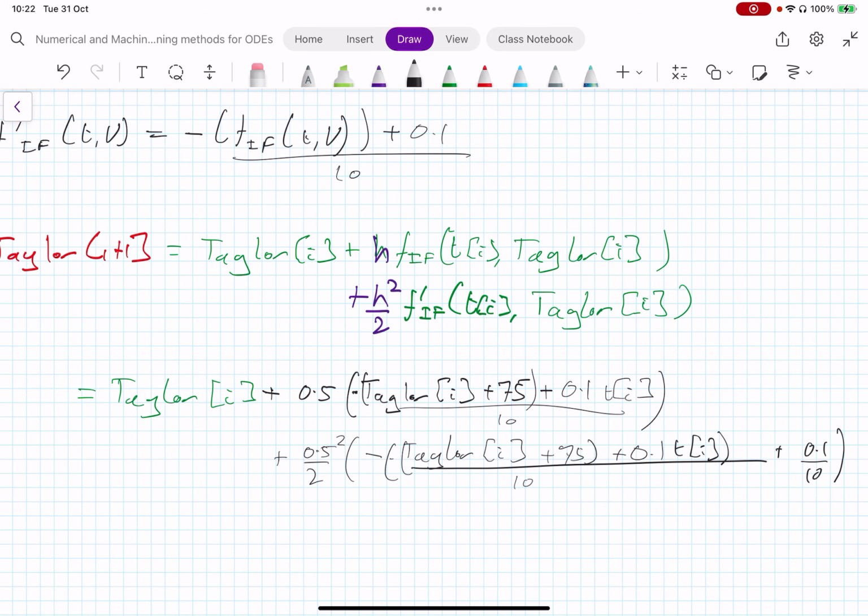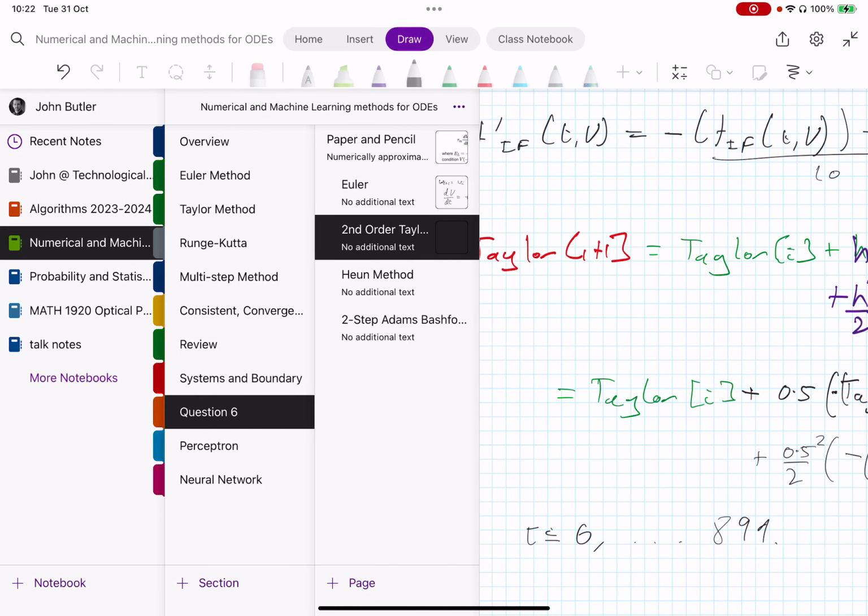And so now we have our method. Once again, i is equal to 0 to 899.